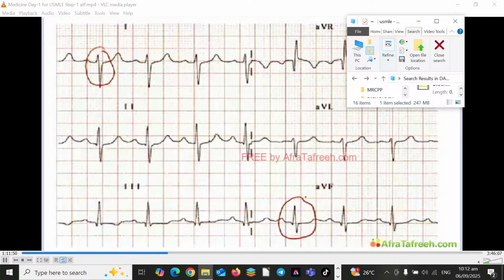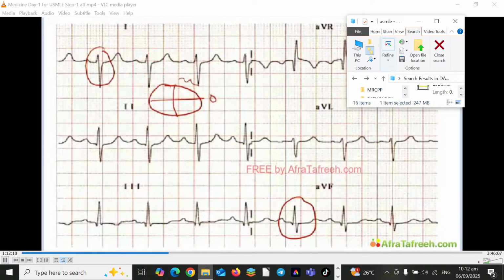So when you draw the axis diagram, it would be something where lead 1 is negative. If it is anywhere on the left side, lead 1 would never be negative. So it cannot be here. It has to be on the right half. It cannot be in the direction of 0 degrees. 0 is on the left.